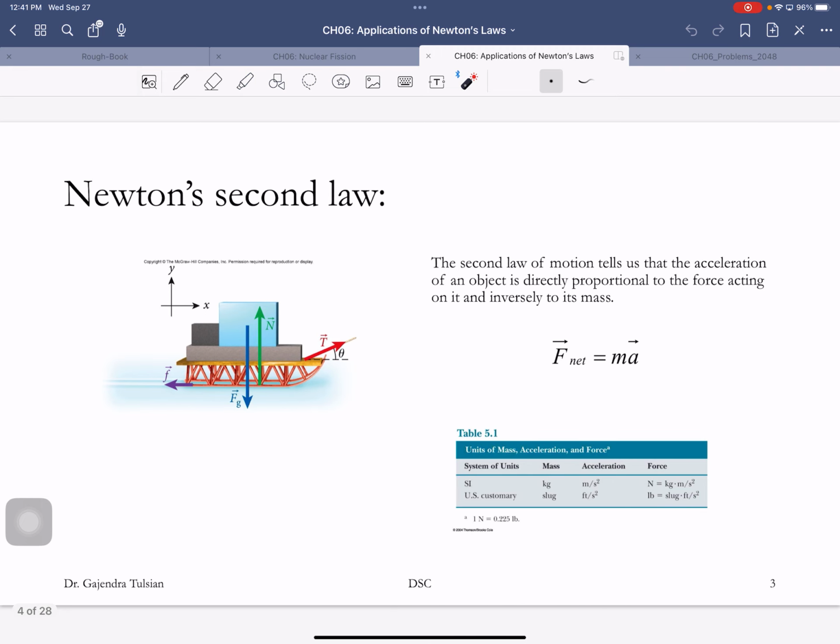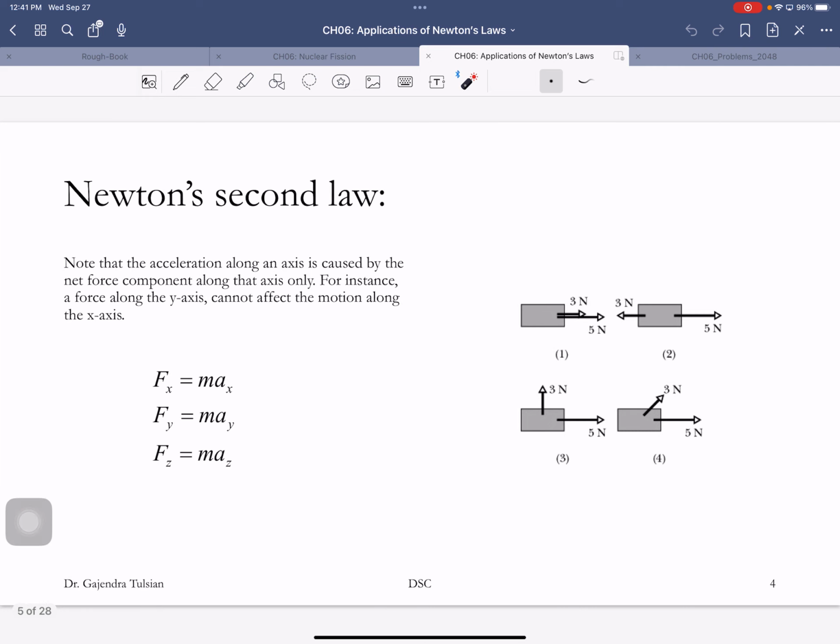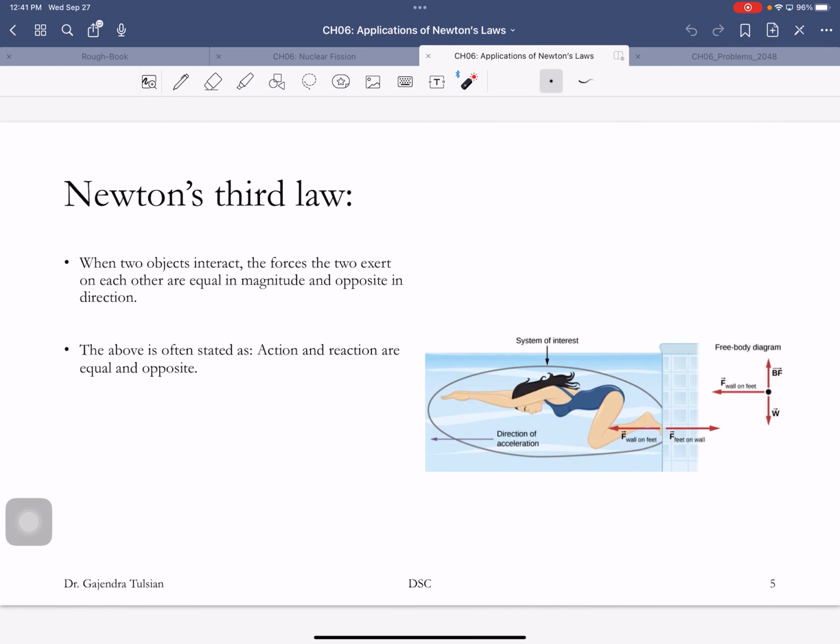We will be interested in applying these laws. Now, the third law says the following. Whenever two objects interact, so for instance, this swimmer is interacting with the wall, and every object interacts with every other object in the universe, we have one of four forces: strong force, weak force, electromagnetic force, or gravity.